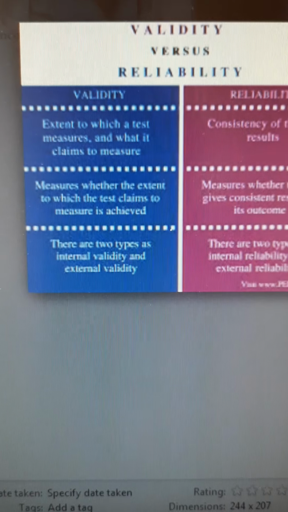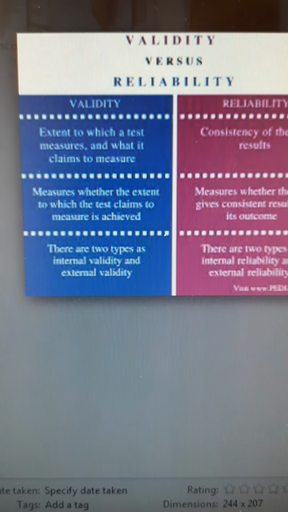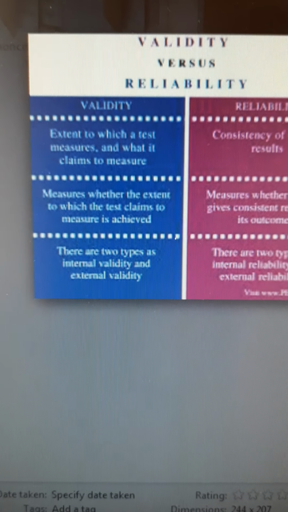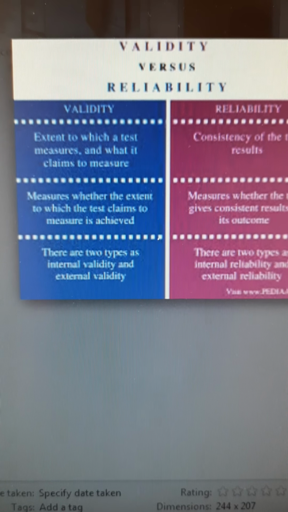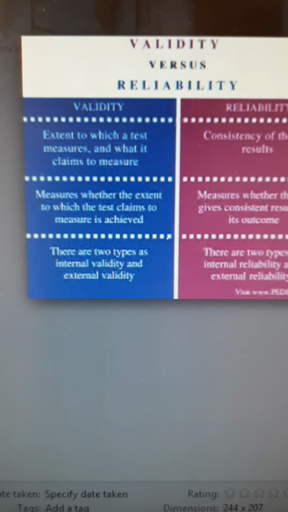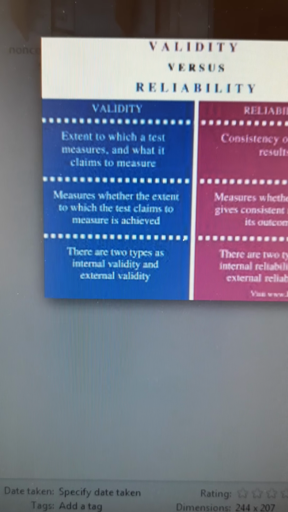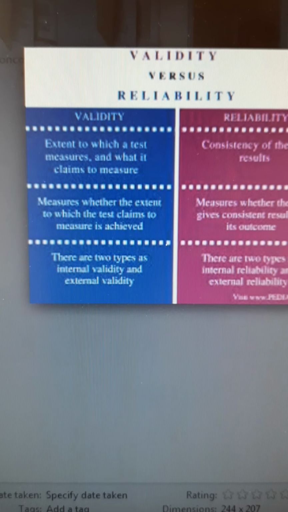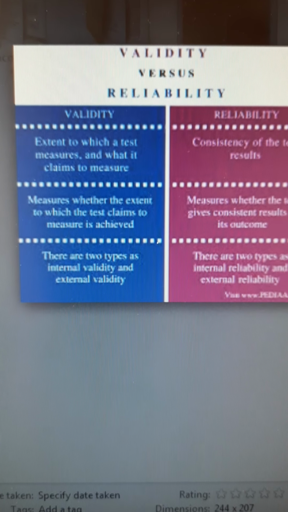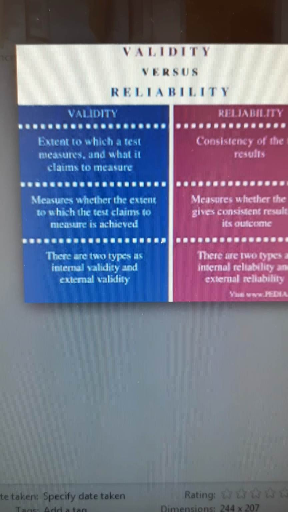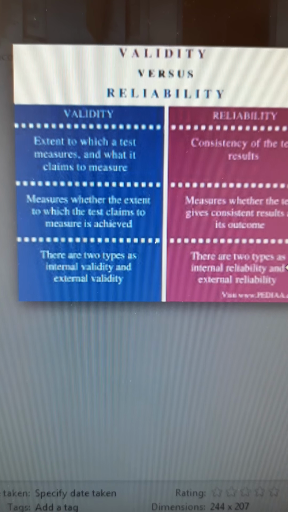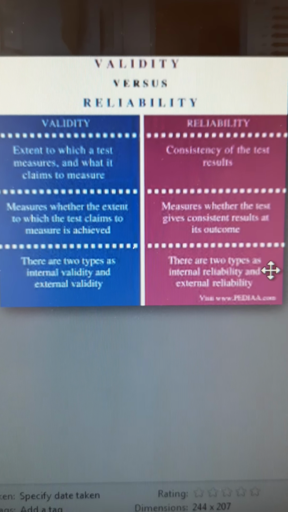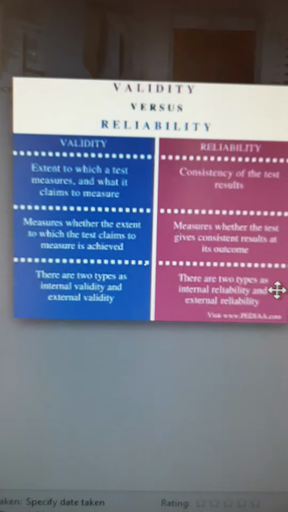Okay. So satisfaction, for example, how satisfied are you? Whether you are measuring exactly what you are claiming that you are measuring. Okay. So that is your validity. Content validity, there are many types, but let us just look at it from this point of view. Validity means what you claim that you are measuring. Is it measuring that exact thing or not? Okay. So that is your validity aspect.